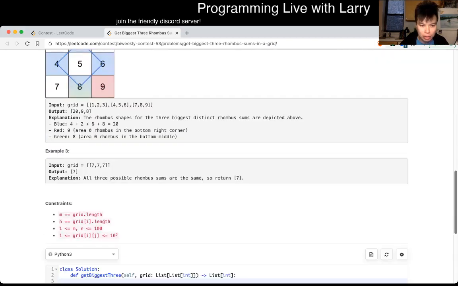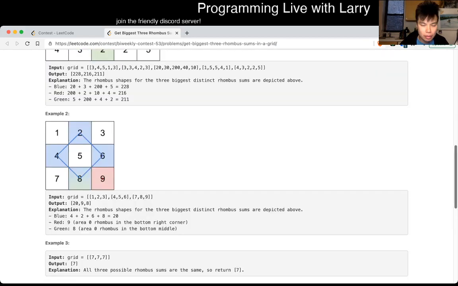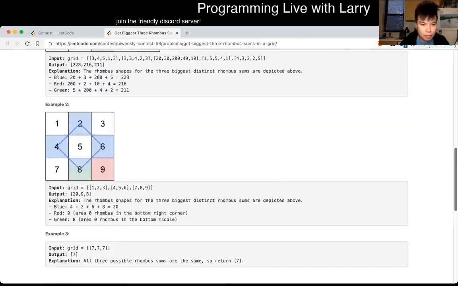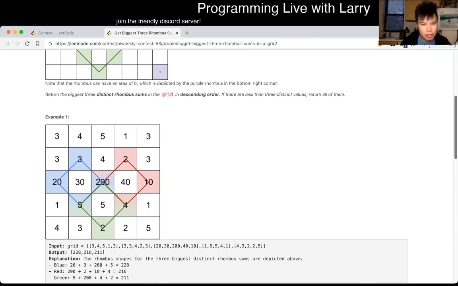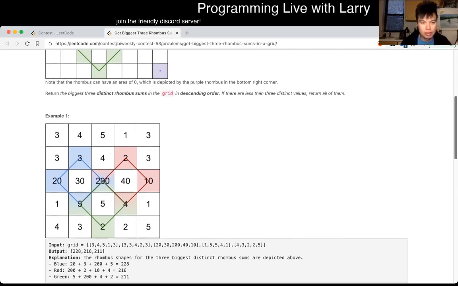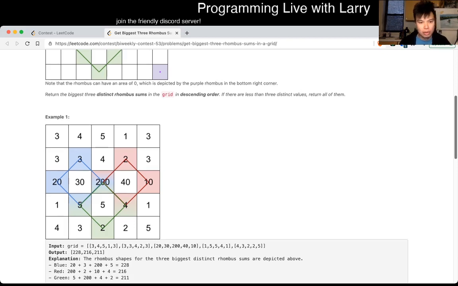Does it have to be a square? Nope. How do I get a new coordinate? Coordinate of a diagonal.